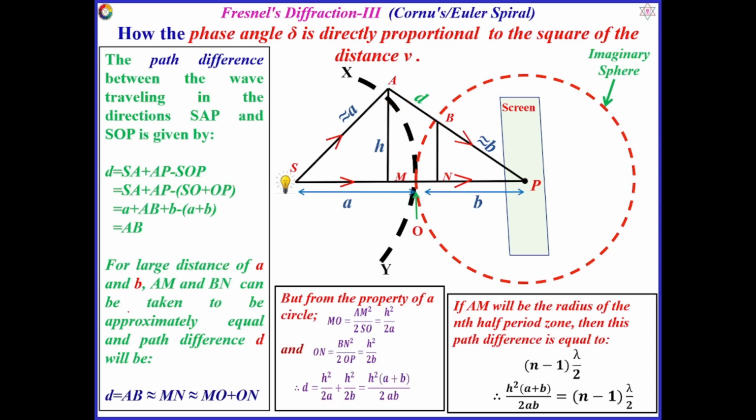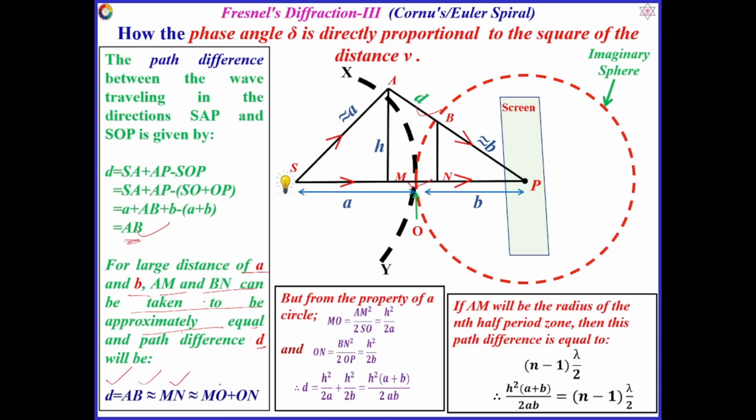The same thing has been written: for larger distances of A and B, AM and BN can be taken to be approximately equal. And the path difference D: we found AB here, so if AB equals MN, then D is approximately equal to MN, right?